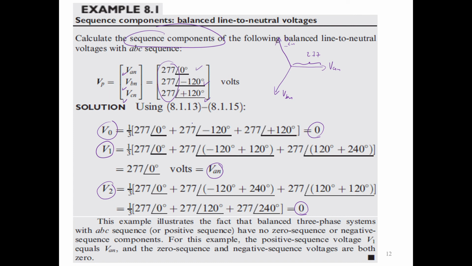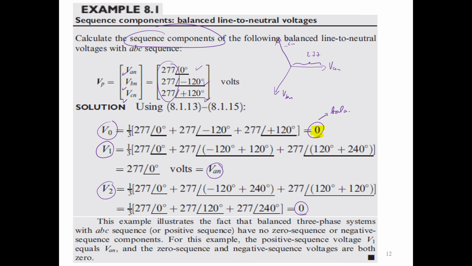Once you compute the components of these three vectors, the first thing is that you have no zero sequence, which is 0 here. This tells you that this set of phase voltages is balanced.